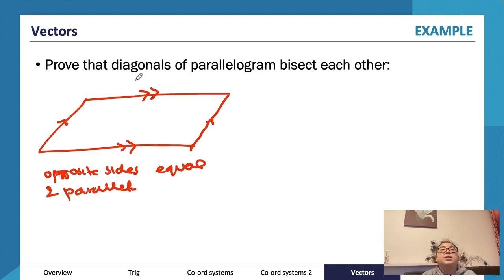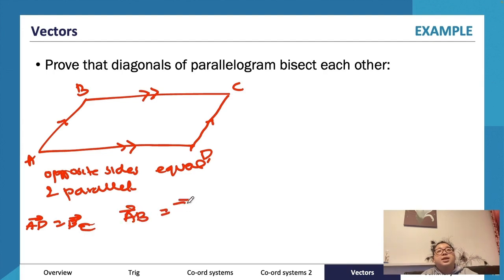So what we can do here is label our vertices with letters: A, B, C, D. That way we can talk about it. We know that AD will be equal to BC and AB will be equal to DC. Then they want us to prove that the diagonals bisect each other.